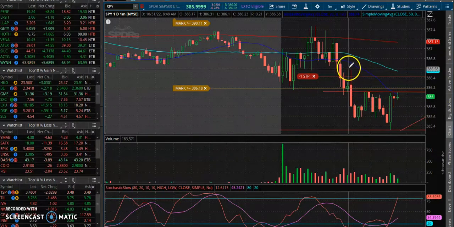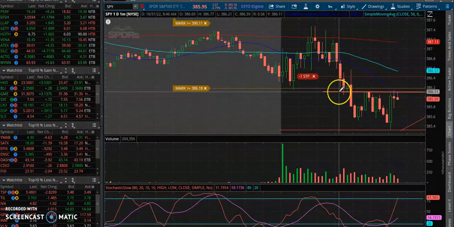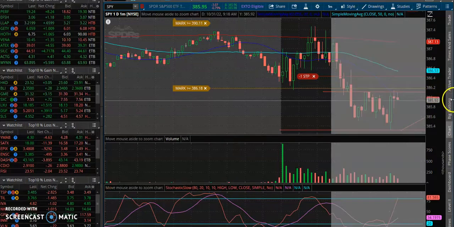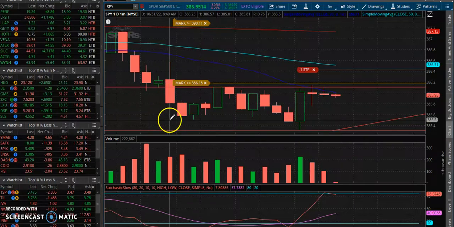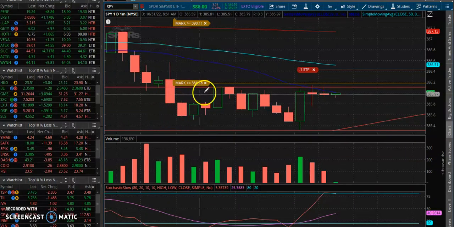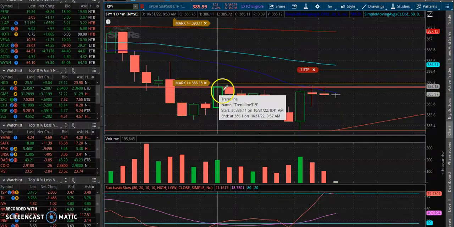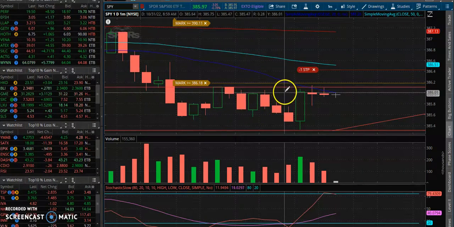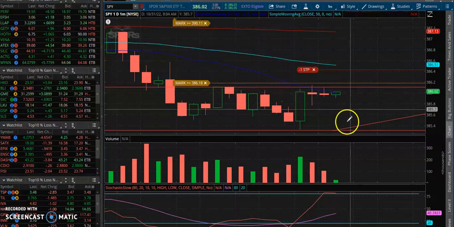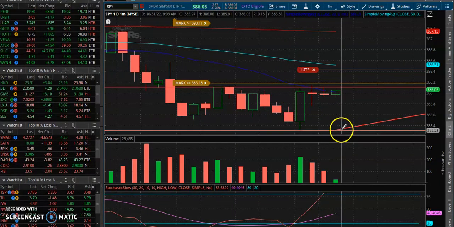Look at this range, a well-defined range too. Look at this. We sold off, we bottomed out at 385.50. Once again 386, 385.50, 386, and now it looks like it doesn't want to go below and retest the low anymore.